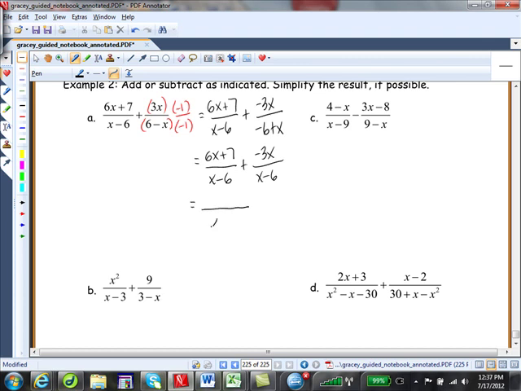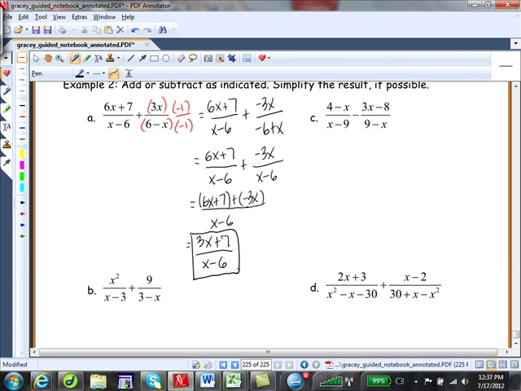So now, putting the common denominator down as my denominator, I will have 6x + 7 + (-3x), which gives me 6x minus 3x is positive 3x, plus 7, over x - 6.